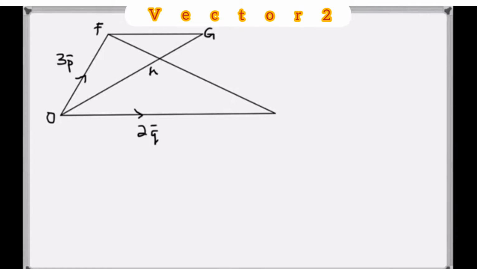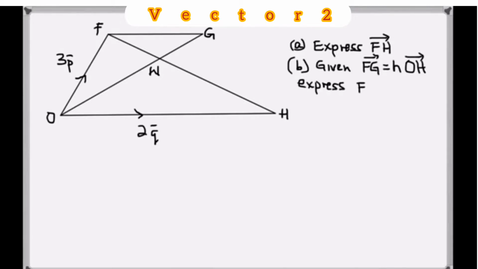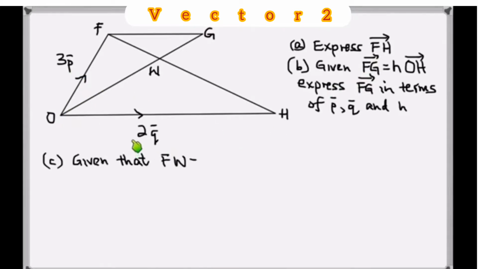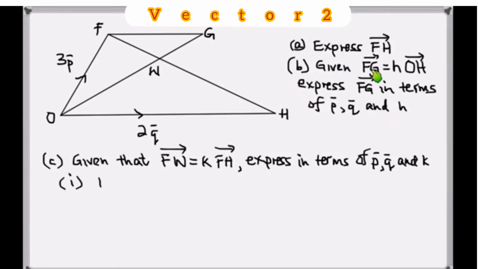Let me look at a more advanced question. This was tested in November 2015. Part A reads, express vector FH. You can see that here OF is 3 vector P, OH is 2 vector Q, and here is W, this G. Given that vector FG is equal to h, this is a constant, vector OH, express FG in terms of P, Q, and h.